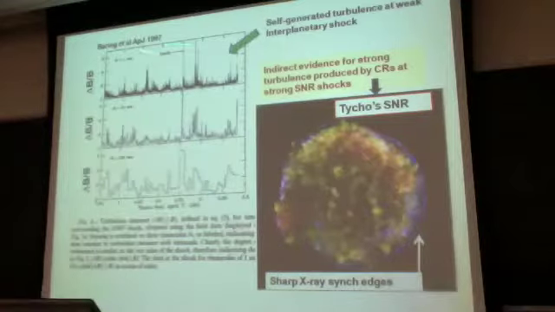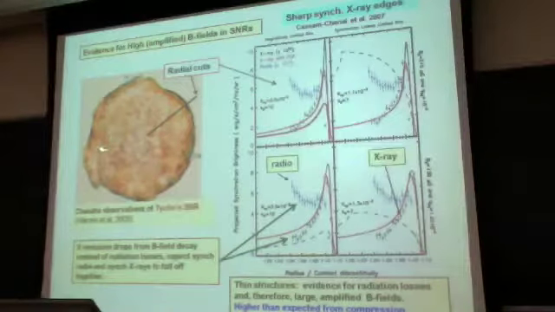This is that same paper I showed earlier, the interplanetary shock. And here you actually see this self-generated magnetic turbulence. This is weak turbulence at an interplanetary shock. At this very strong supernova remnant shock, there's indirect evidence for very strong turbulence being produced. If you look at the radio cuts through this remnant, the red curve here is the X-ray synchrotron emission from very energetic electrons, and you see it's very sharply peaked.